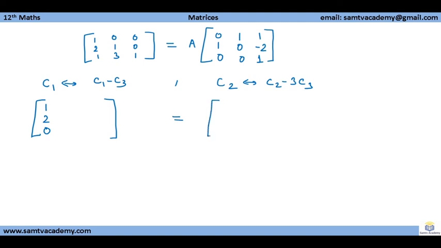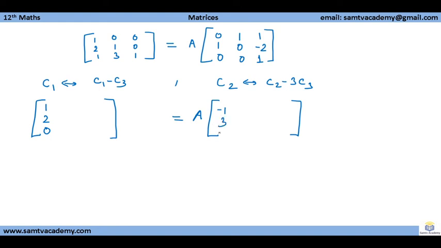Simultaneously we will do the same process here also, so that we don't get confused. So what we did, C1 minus C3, so 0 minus 1 is here minus 1, 1 minus of minus 2, it will become 3.